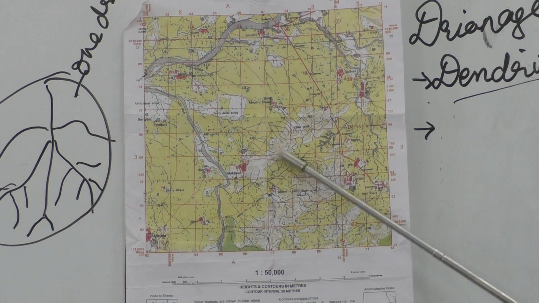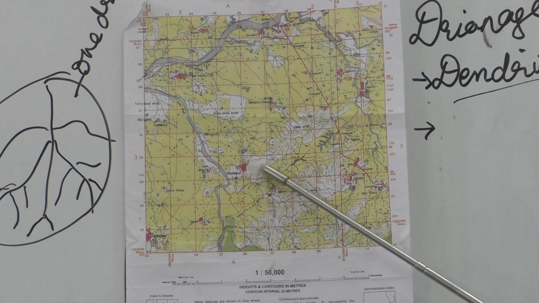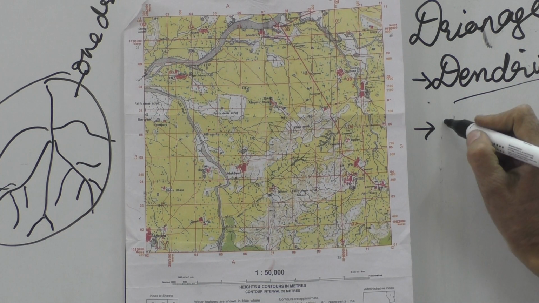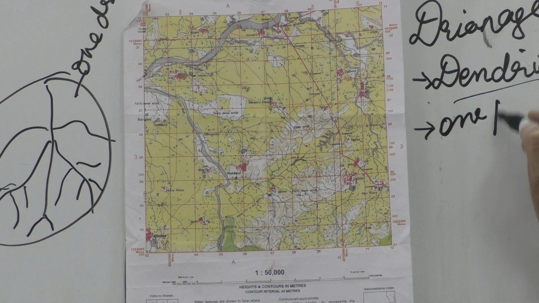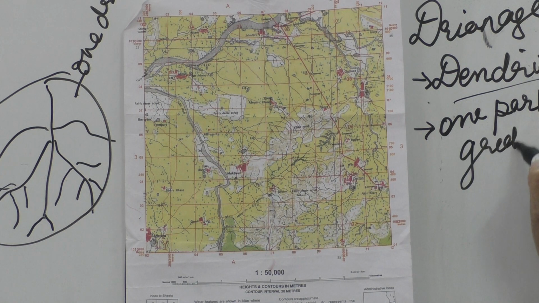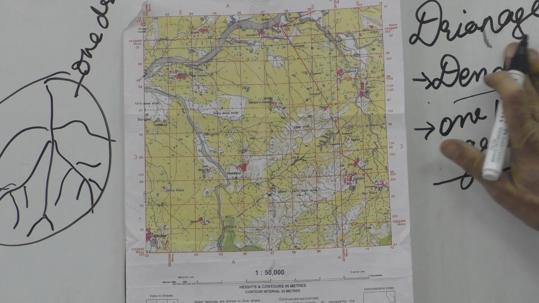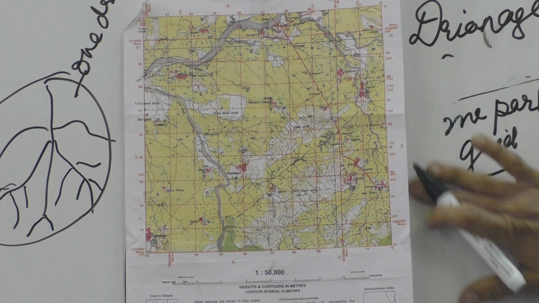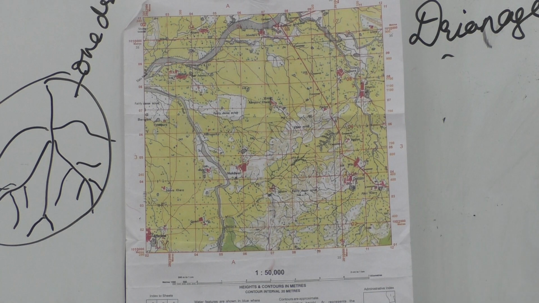Now the question is asked pertaining to one particular grid. I'll just explain the different drainage patterns and then we'll look into the examples of drainage.